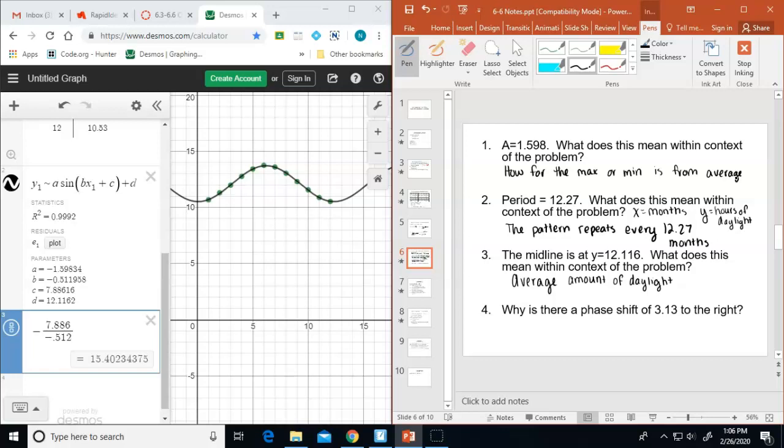So if we were looking at Alaska instead, what do you think would happen to that amplitude? Increase or decrease? If we're in Alaska, we're probably going to have some days with like 23 hours of sunlight.